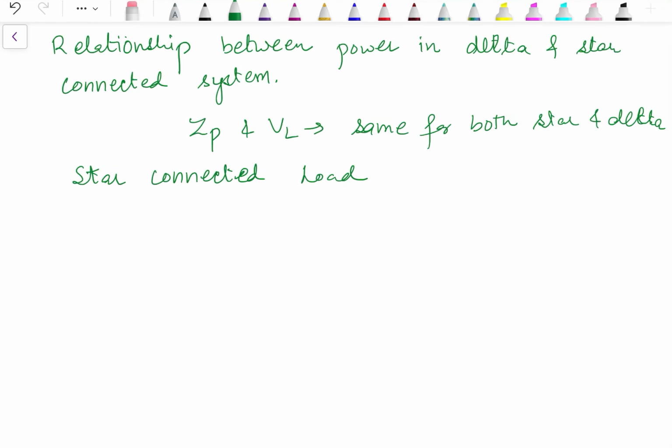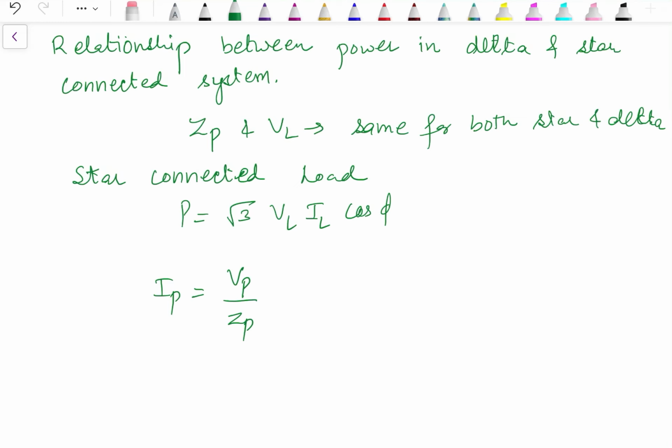When the load is connected in star, we need to calculate the power consumed by that load. So the power expression is root 3 times VL IL cos phi. Line voltage is known to us, we need to calculate line current. For that, firstly we need to calculate phase current. So Ip is Vp upon Zp.